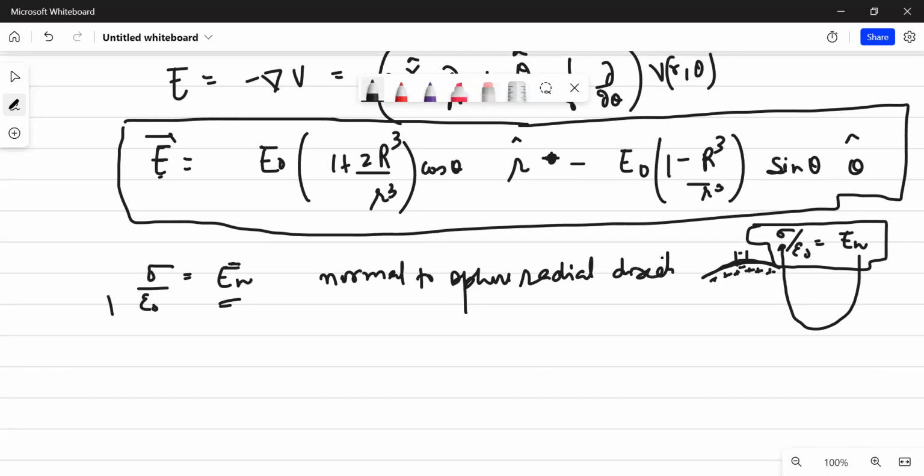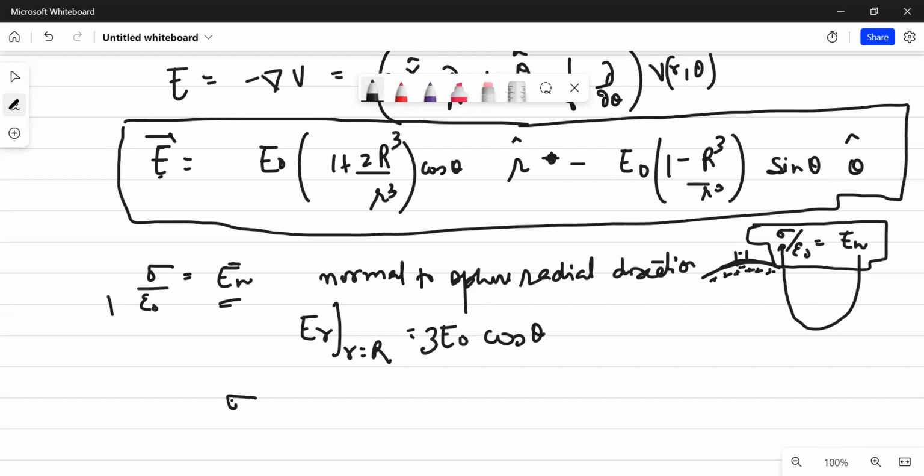You have electric field in two directions, the theta cap and the r cap. The normal to the sphere is the r cap direction. So the normal component is the radial component, and we want to find it at r equals R minus, which tends to R. Placing r equals R, R cube cancels, giving 3 E naught cos theta.